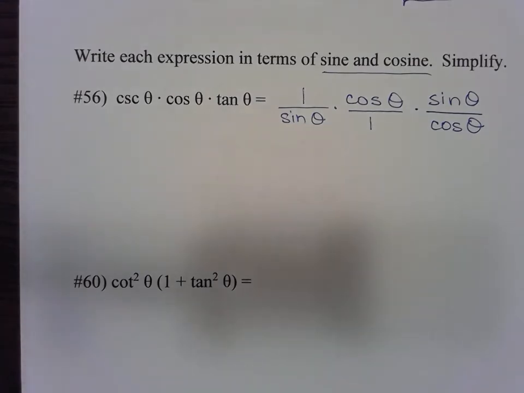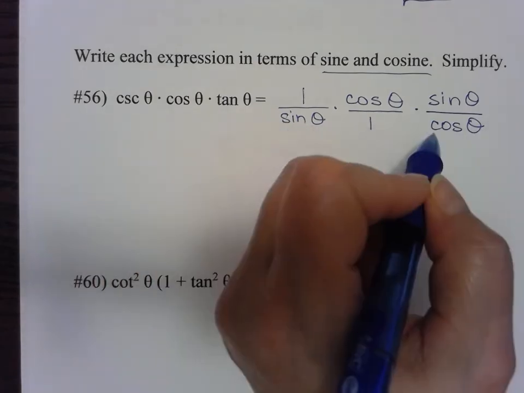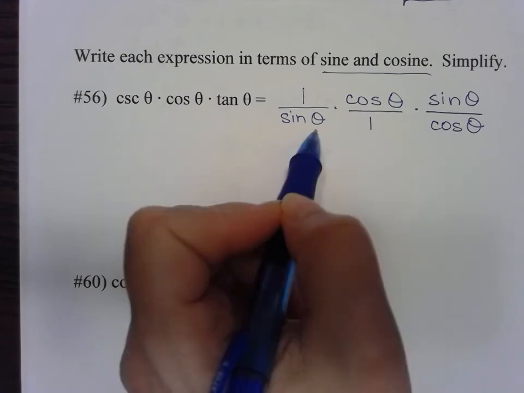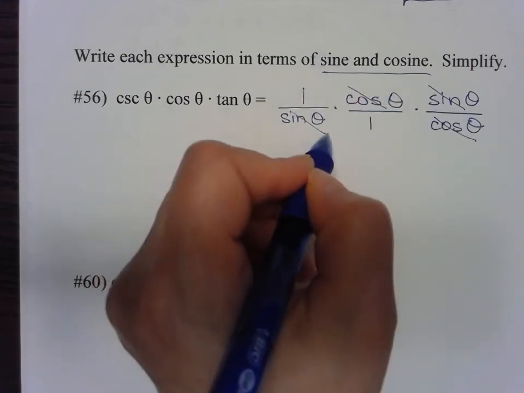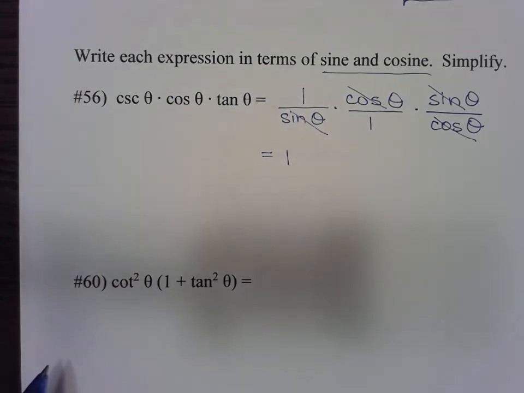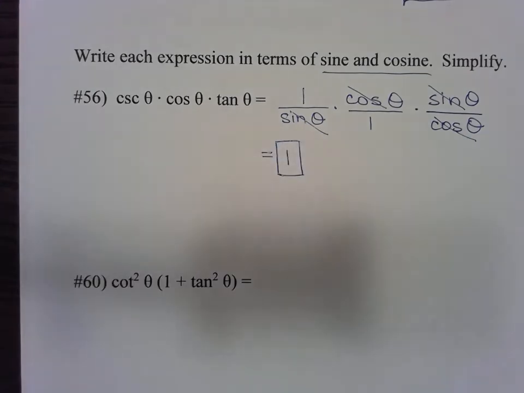Now we can simplify. If we were to multiply these straight across, we'd have one cosine and one sine in the top, one cosine and one sine in the bottom. So really, these are going to divide to be 1 or cancel out. We're really just going to be left with 1. Okay, so we took something that looked very complicated and made it much, much simpler. And that's kind of what we're going for here.